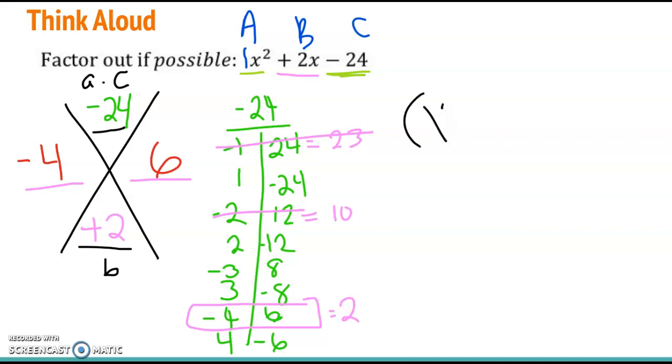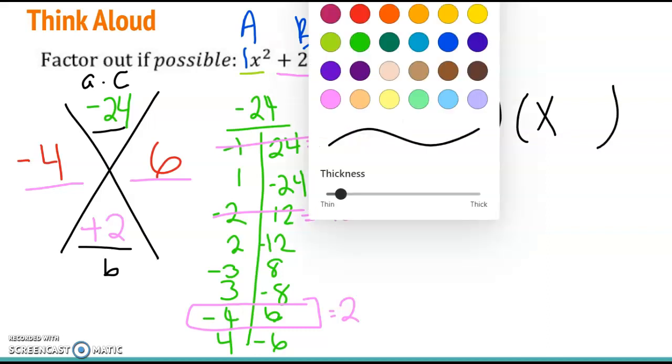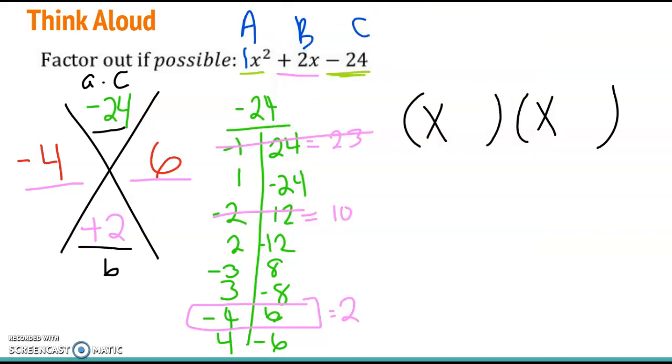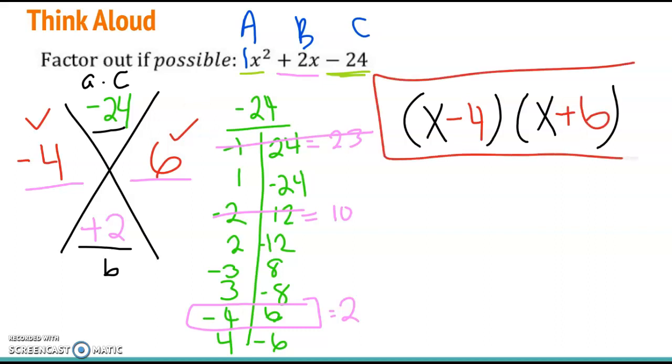I have x plus or minus a number, and then x plus or minus a number. I'm going to be getting those numbers from our diamond method. The very first one was negative 4, so negative 4. And my next number is a positive 6, so positive 6. This right here is my answer. This is my factored form.